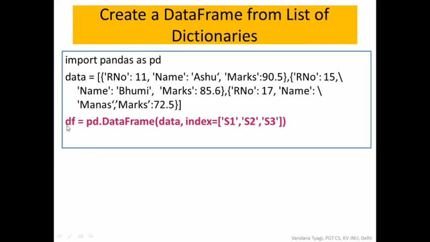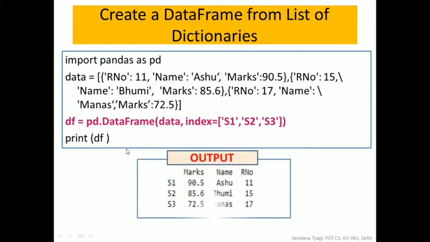And again we are converting it into a data frame. df, the data frame object, is equal to pd dot DataFrame, where pd is the alias name of the pandas library. This data is passed as the input here, and indexes we store as s1, s2, s3. So when we print this data frame, we get the output.